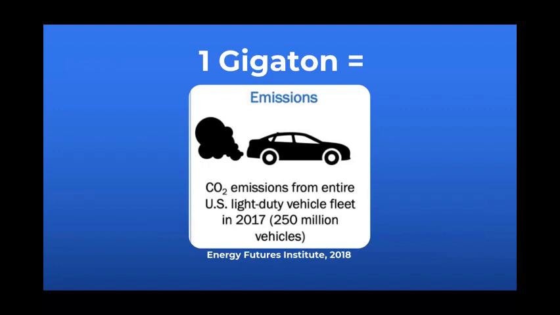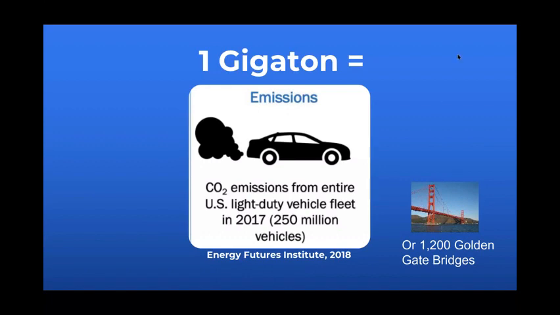So what if we put it in terms of something with a real world weight? 1 gigaton would be about the same as the weight of 1,200 Golden Gate bridges. It's not an infinite number, but it's a big number. And that's just to put a little bit of perspective.